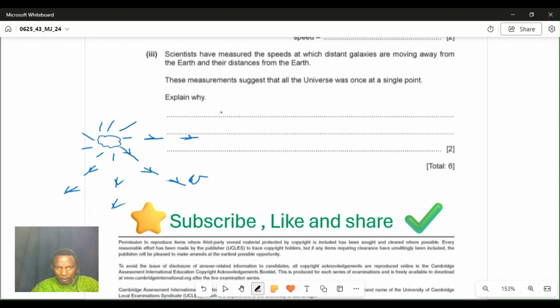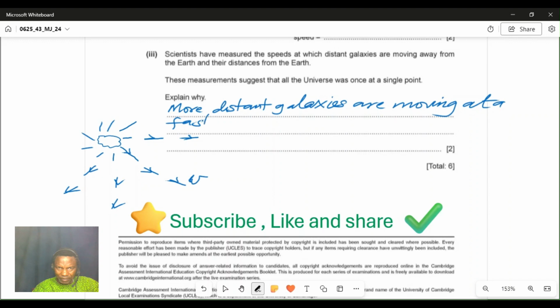So to explain why: the reason is that observation has proved that more distant galaxies are moving at a faster rate from the Earth, because the universe is expanding.